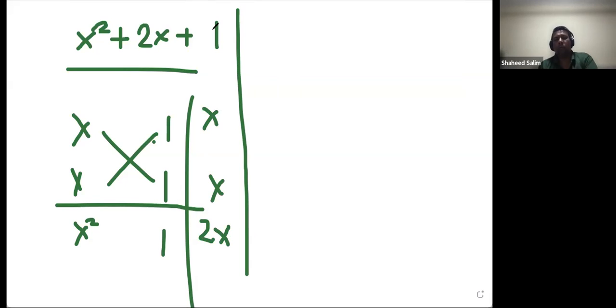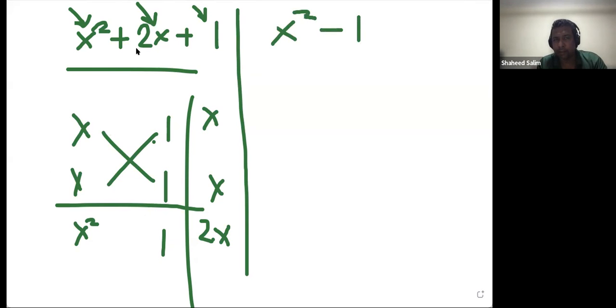Now, whenever you have the form x squared, x, and the one with the number, you can factorize by this, if it's able to be factorized. Sometimes you cannot factorize. Now, if you have x squared minus a number, you can also factorize this. But remember, there's no center number.